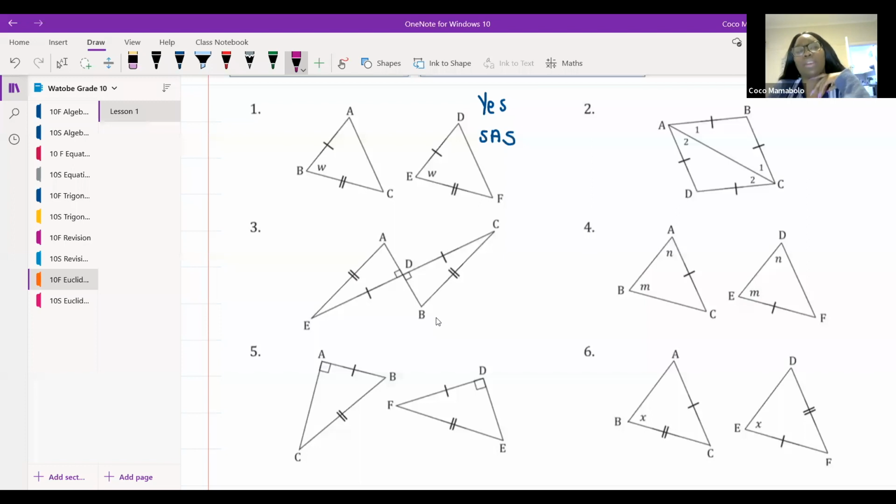For those of you who say no, you need to be able to explain to me why not. Lisa says, yes, side, side, side. I'm seeing somebody else say angle, side, angle. Tabang, what do you say?